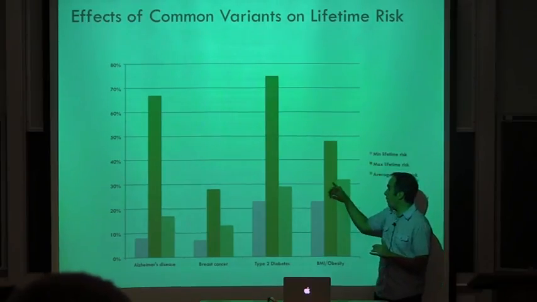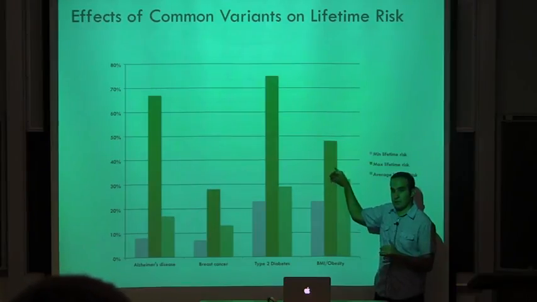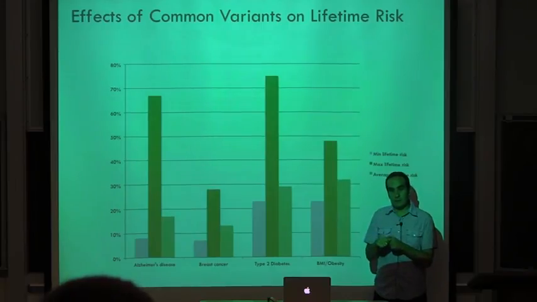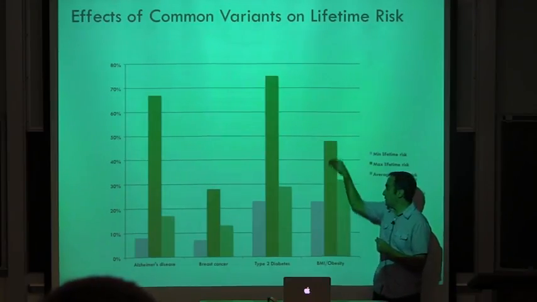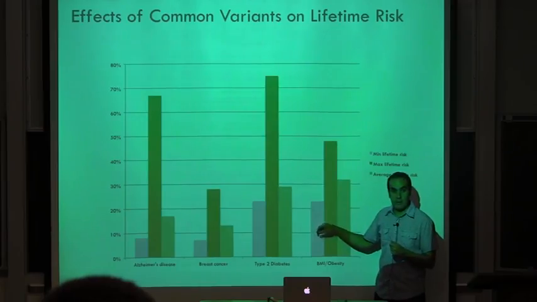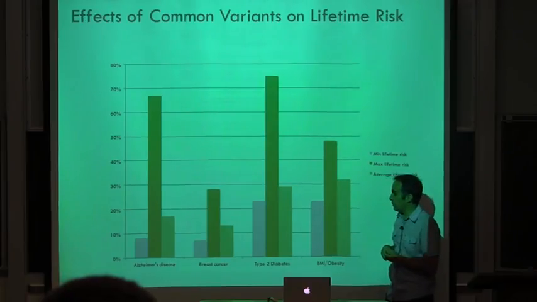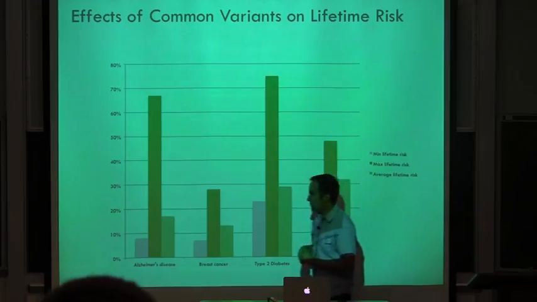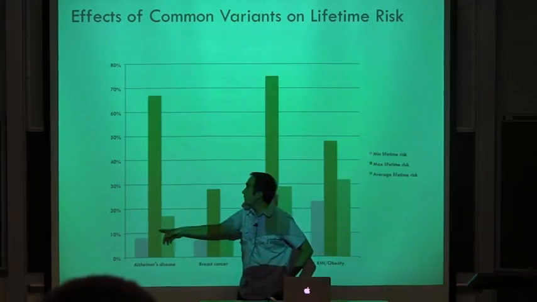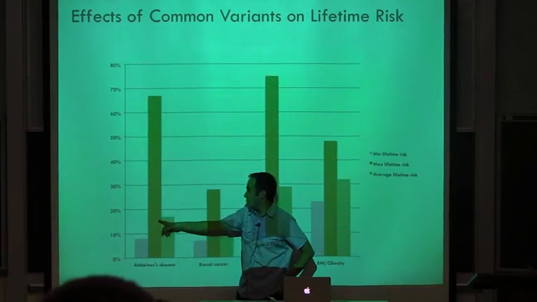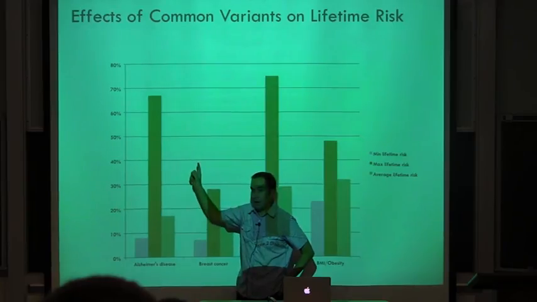But it's a way to visualize how much progress there is. The farther the distance between these 2 bars and this middle bar, the more that reflects how much we know. So the more variants we know, the higher this will go and the lower this will go. It also tells you something else. For example, with Alzheimer's disease, if you have a certain variant, you might have a very high risk.